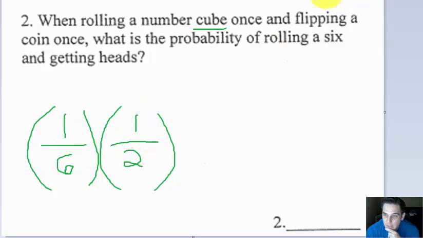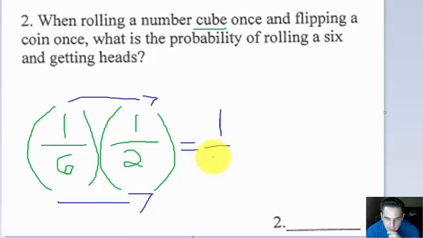All right, and again, you're going to look for cross-canceling, but it doesn't look like there is any to do here, so we'll just skip ahead a little bit and multiply. So 1 times 1 is 1. And 6 times 2 is 12. All right, no cross-canceling. No simplification or reduction to do.